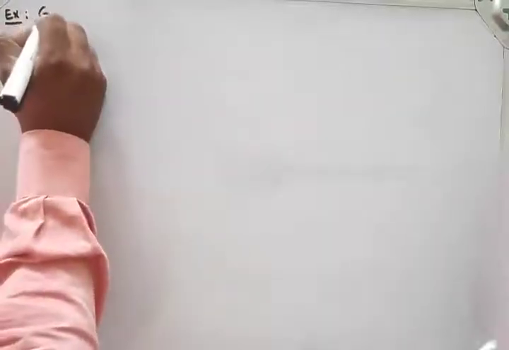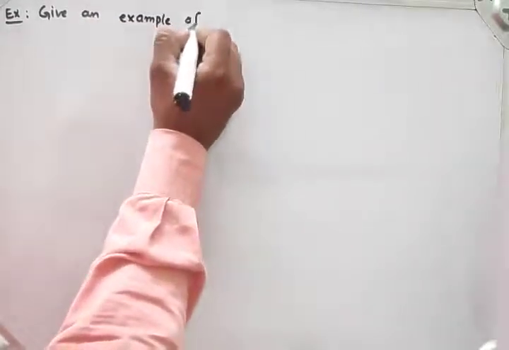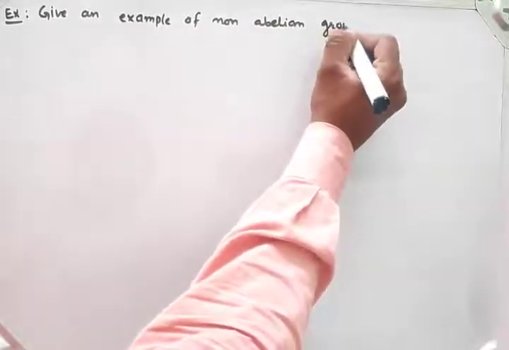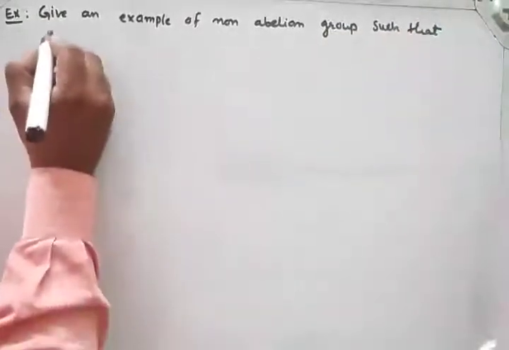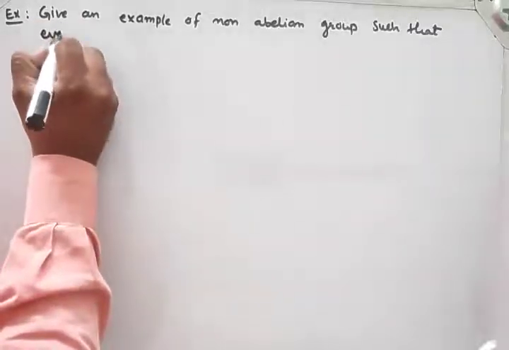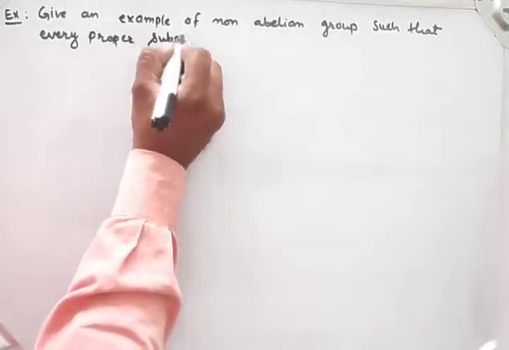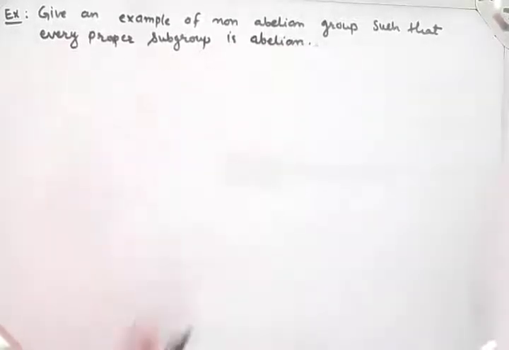Let's see another example. Give an example of a non-abelian group such that every proper subgroup is abelian.